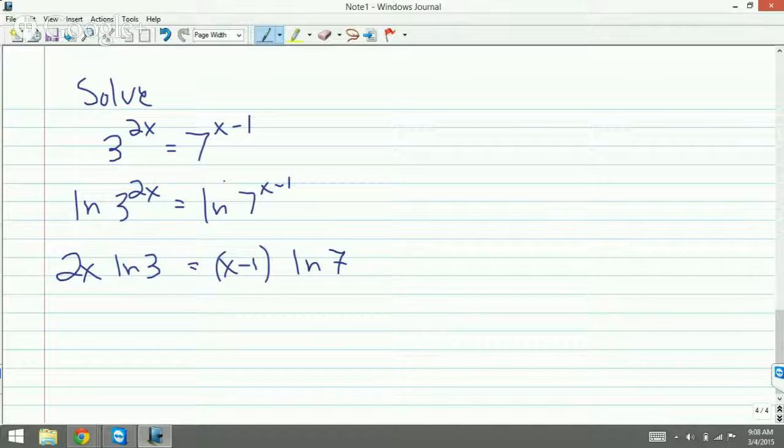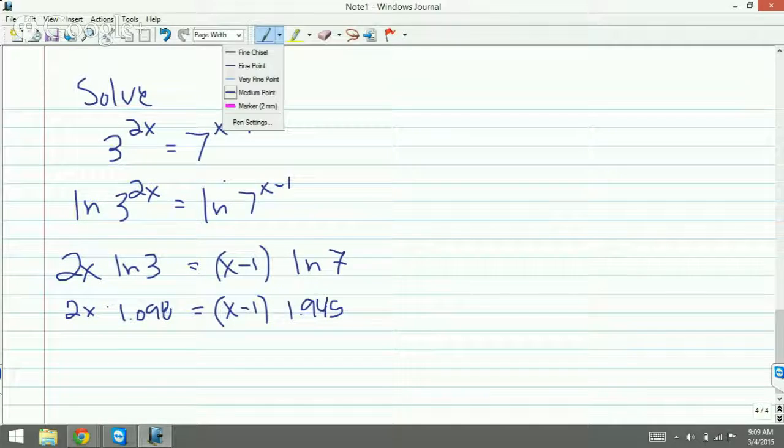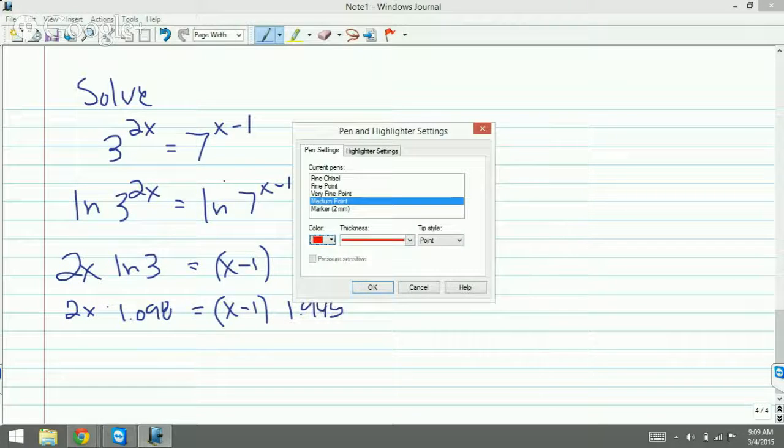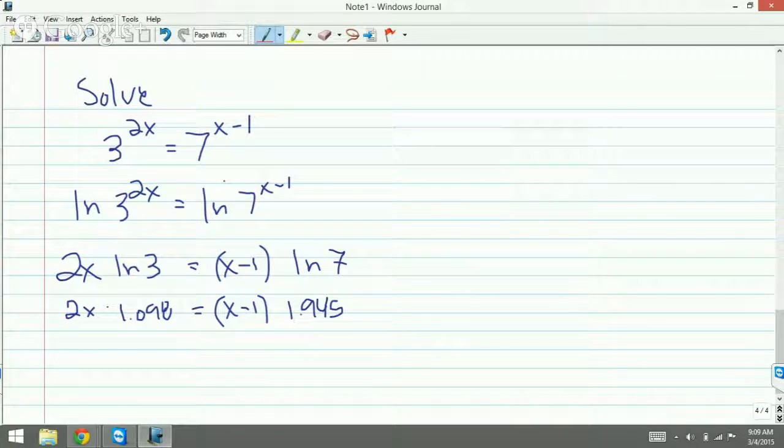What's the value of natural log 3? And natural log 7? Ideas.